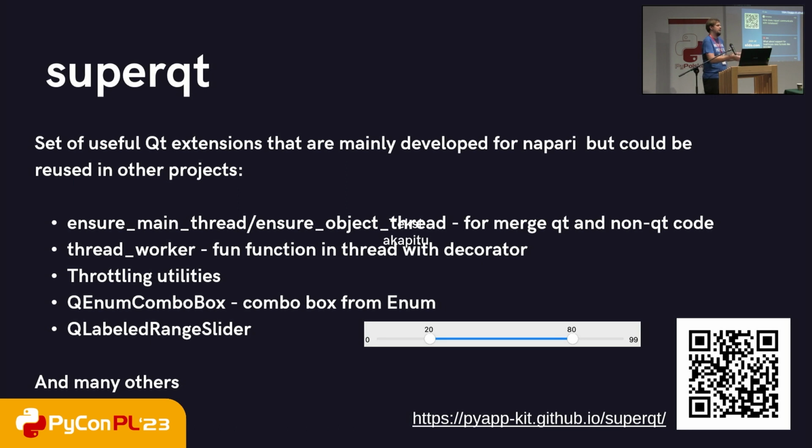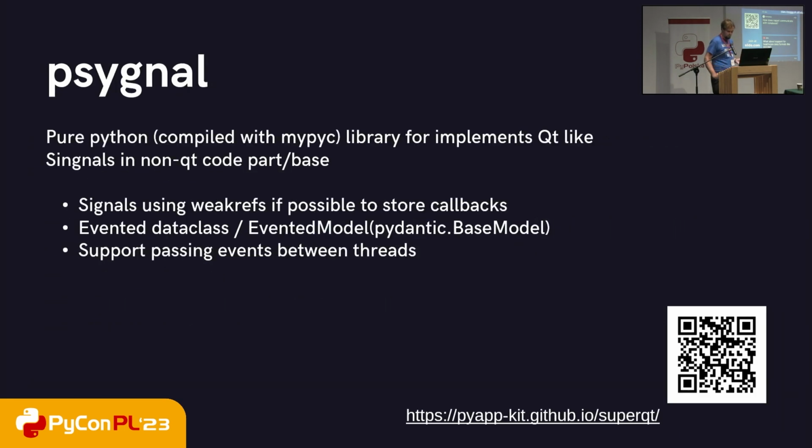So you pass the enum and it creates a combo box. It's 50 lines of code, but why copy it to every project? Or something more sophisticated, like a labeled range slider, which you could see on the image, and many others. And PySignal.